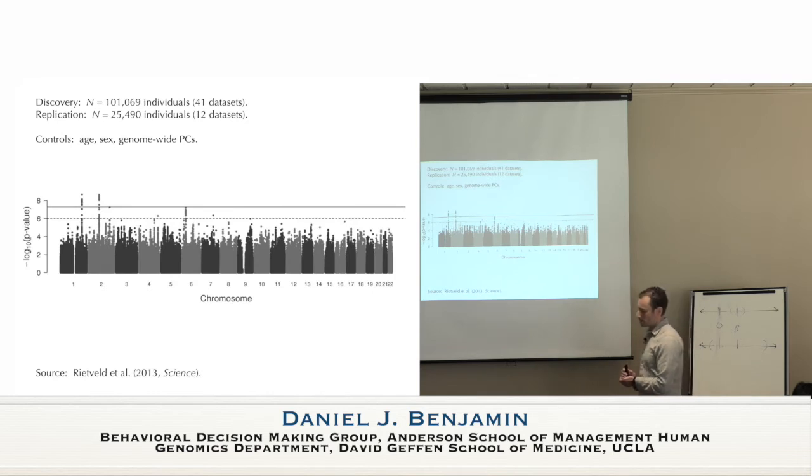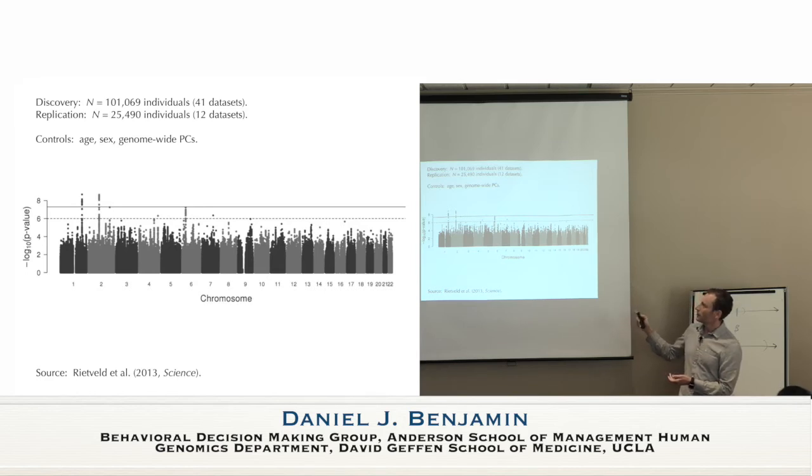The result of this effort was a paper we published in 2013. We did ultimately end up getting a sample size of about 100,000 by meta-analyzing 41 data sets. This goes back to the question before about control variables.